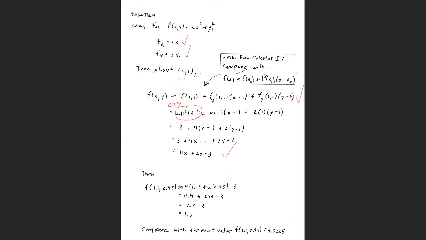And they say to themselves, well, with linear approximations it's pretty easy to compute values. I don't have to take the sine of anything or exponentiate anything. It's pretty easy because it's just, in this case, an equation of a plane.